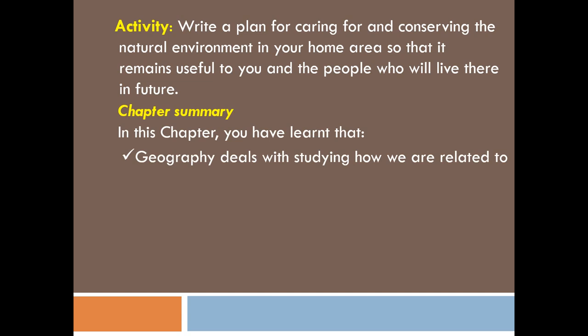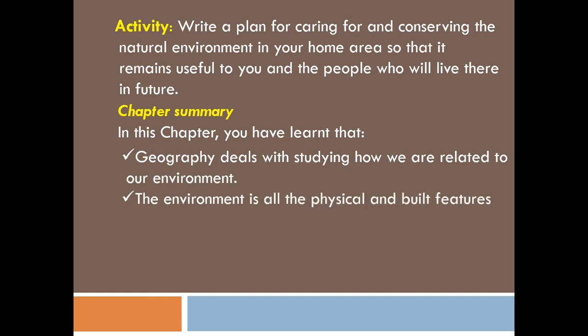We have studied that geography deals with studying how man relates with his environment, which is human and physical. 2, we have also learned that the environment is made up of all the physical and man-made features, the physical and the built features around us.